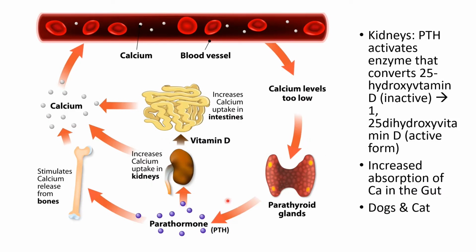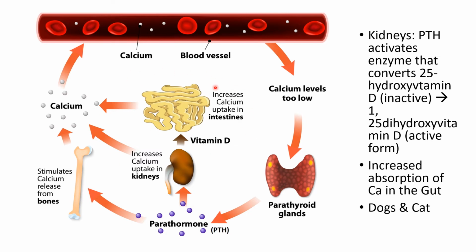So na-mention yung vitamin D kanina. So how does it play a role together with your parathyroid hormone? So in kidneys, yung parathyroid hormone actually activates the enzyme that converts your 25-hydroxy vitamin D, yung inactive form niya, into 1,25-dihydroxy vitamin D, which is the active form. This 1,25-dihydroxy vitamin D has an effect on your GI tract.